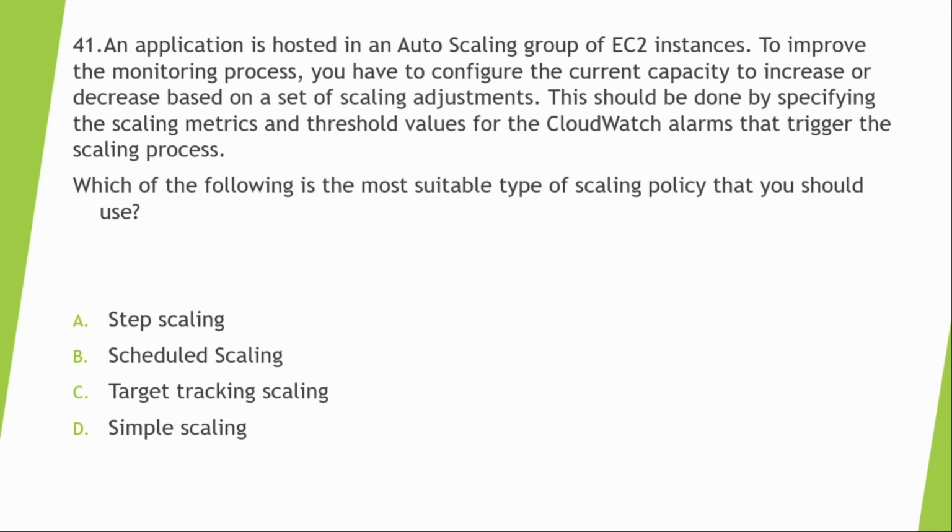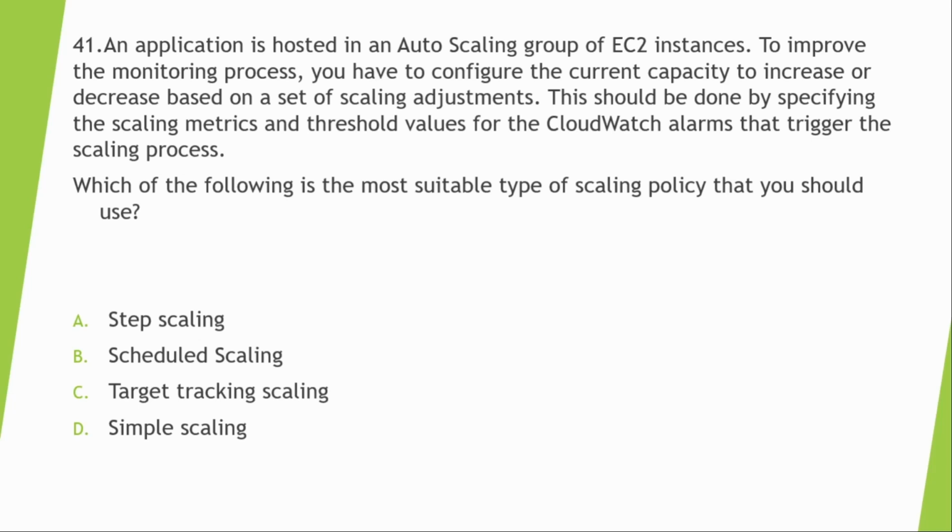In this scenario, the correct answer would be step scaling. Why? Because it is a set of scaling adjustments, and it is done on the breach of a CloudWatch alarm. Simple scaling is not correct because it is not based on a group of scaling adjustments, just a single scaling adjustment.